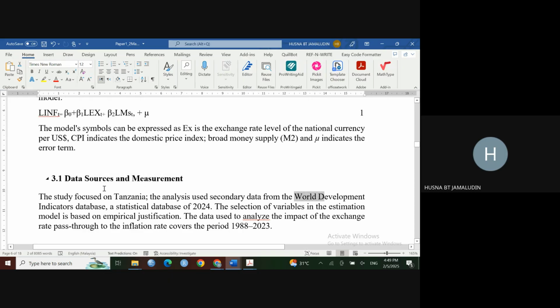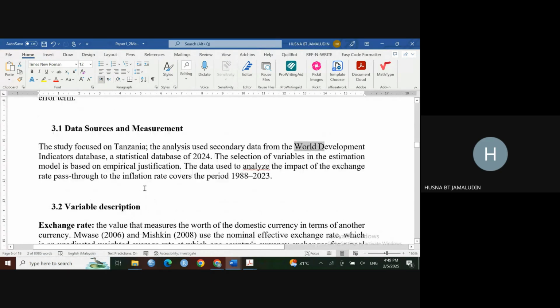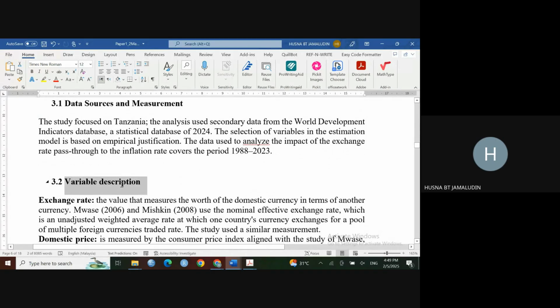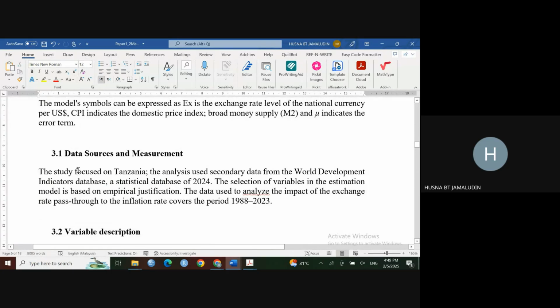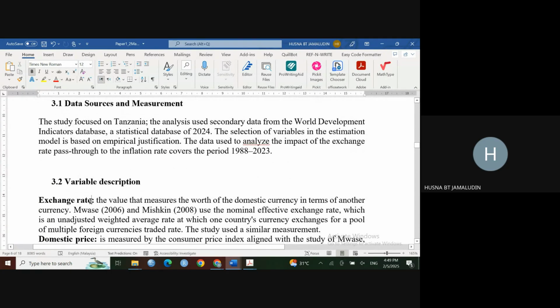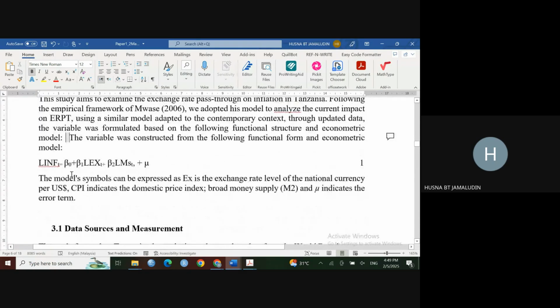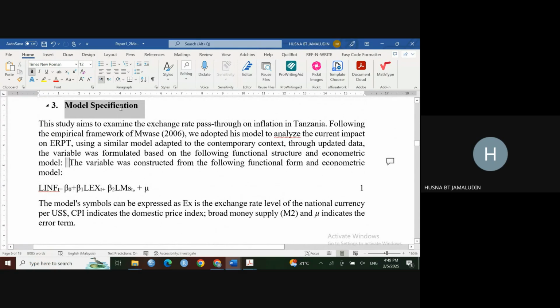And after mentioning the source of the data and how you measure it, you have to list down the variables. You can put whatever heading as long as it shows that is your variable, and how you describe your variable. So you start with your data, source of data, and then variable. After having your variable, then from that you come up with your model specification.